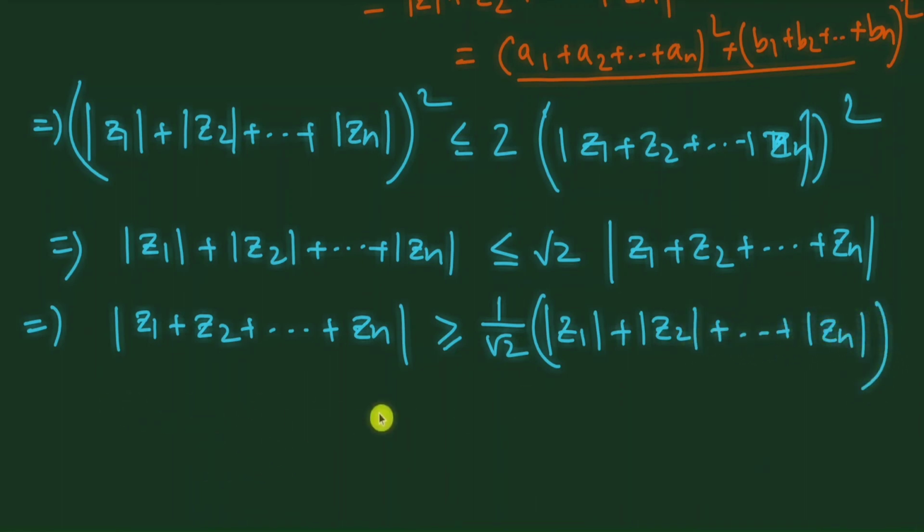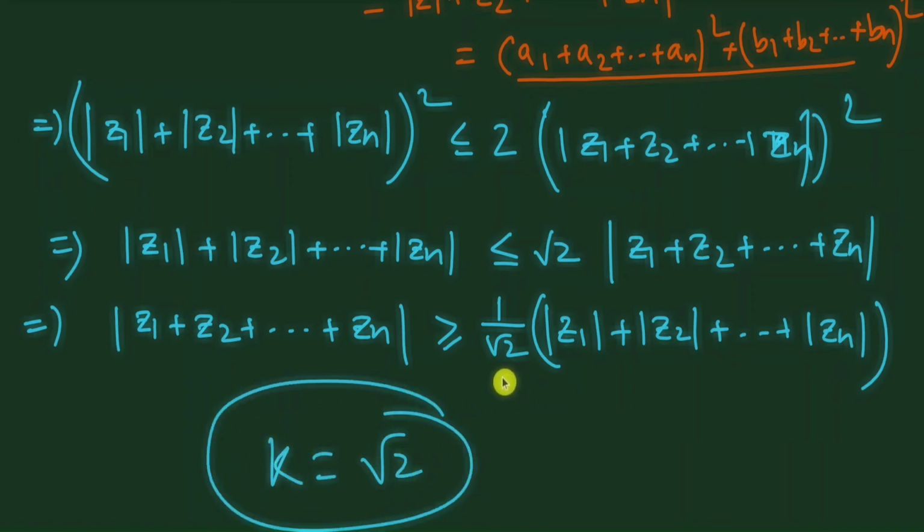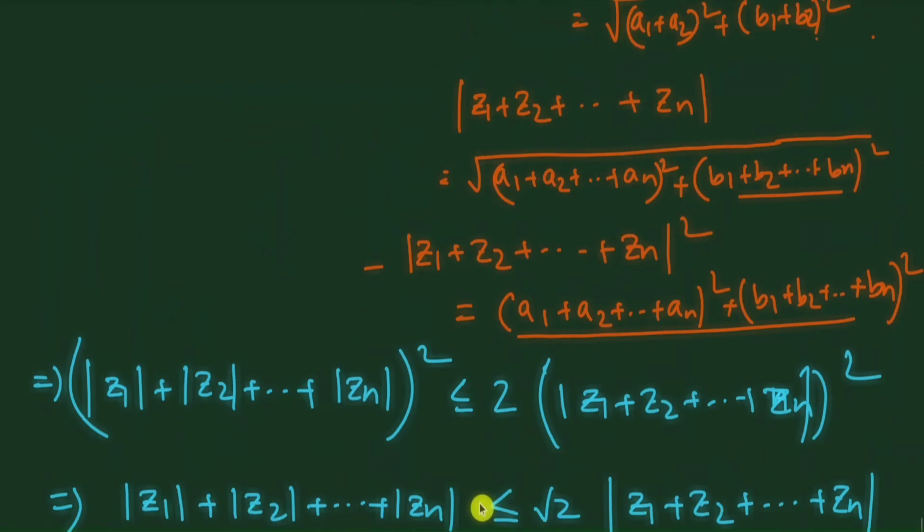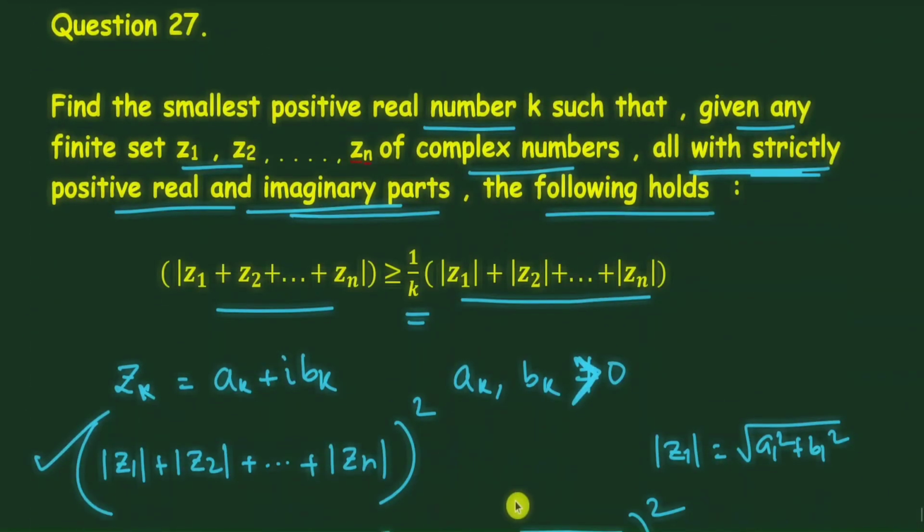In the question they give this as 1 by k. That means the value of k is, sorry, k is simply root 2, not 1 by root 2. So k is equal to root 2.